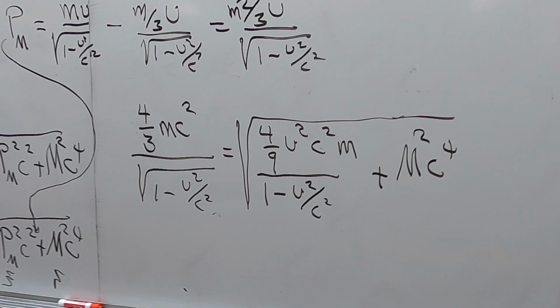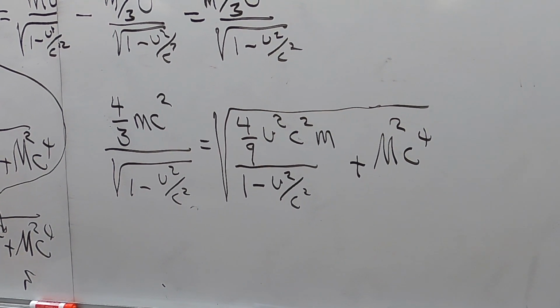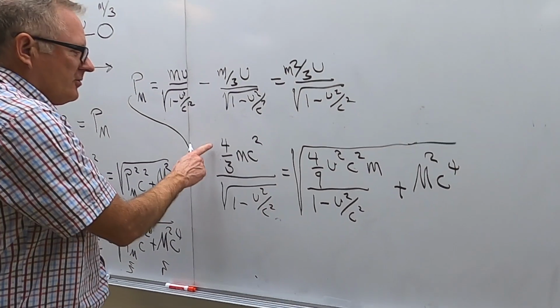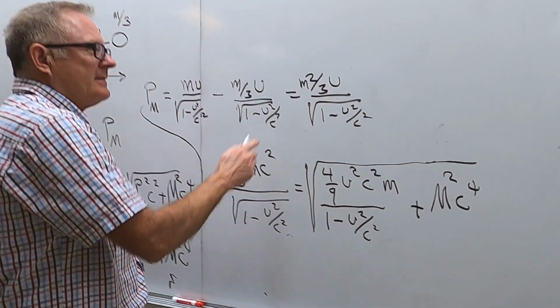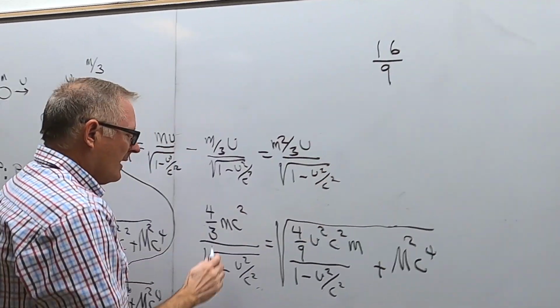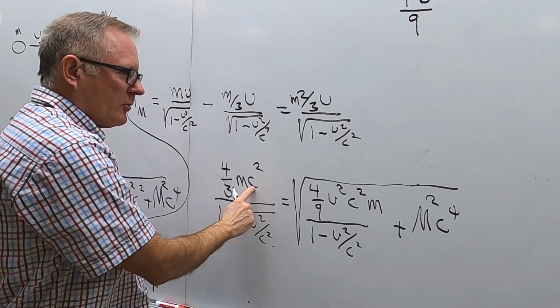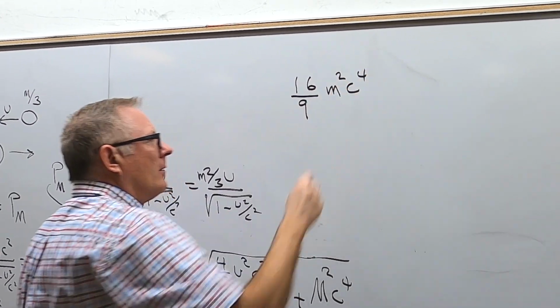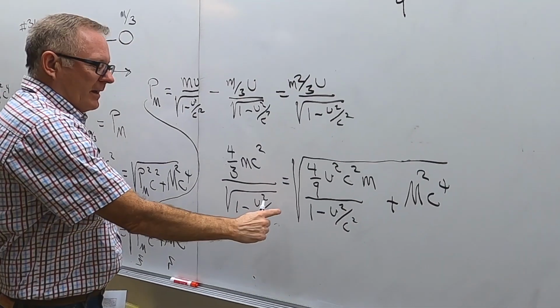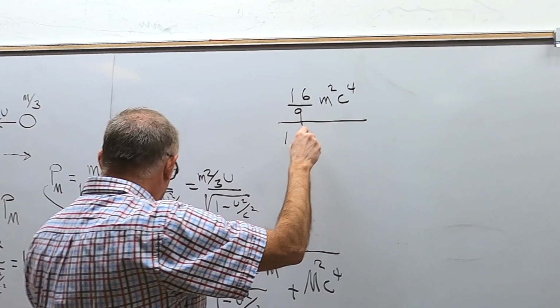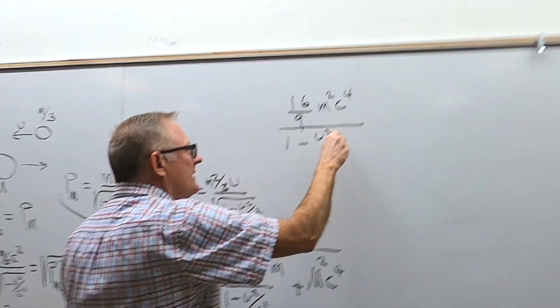Okay, now I guess we'll have to square both sides to get rid of this square root. So this is 16/9 little m squared c to the 4th, all divided by this without the square root, 1 minus u squared over c squared.